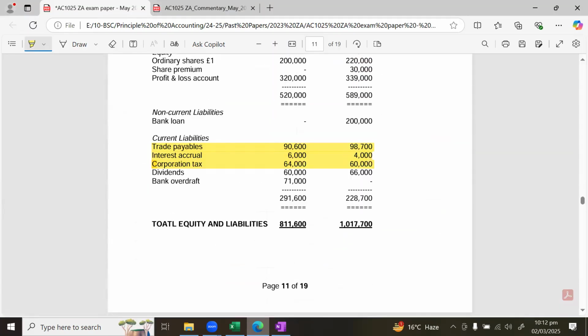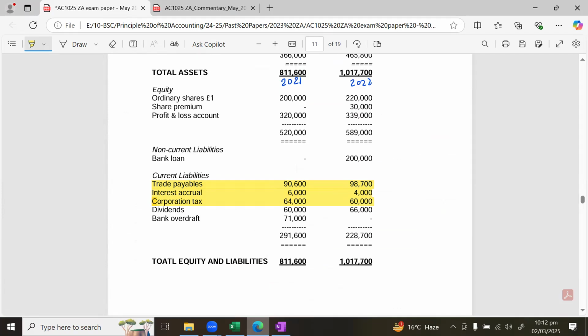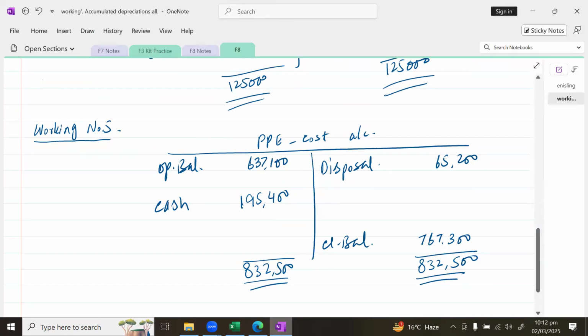Then financing activities includes ordinary share capital. Opening balance 200 and closing 250. Working number 6.